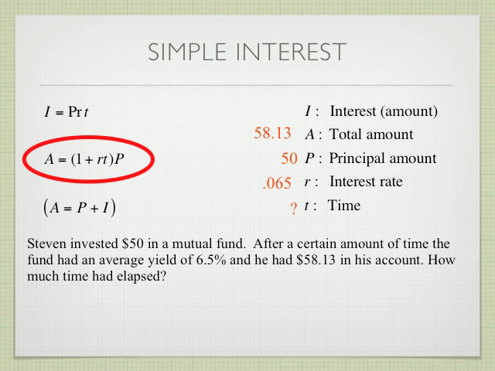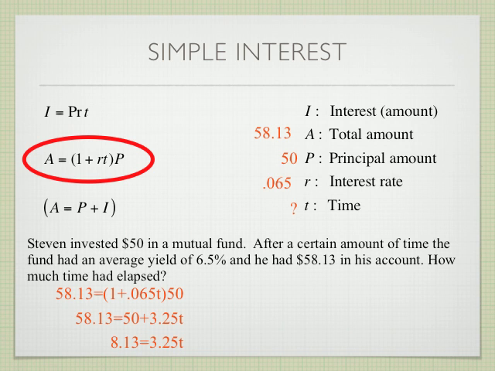How much time had elapsed? So we've got this formula right here. This one will be a little more involved to solve, but we can do it. So we have 58.13 equals (1 plus 0.065t) times 50. Remember our rules for solving an equation. The very first thing I will do is distribute. So I distribute the 50 to 1, and I distribute the 50 to 0.065t, and I have 58.13 equals 50 plus 3.25t.